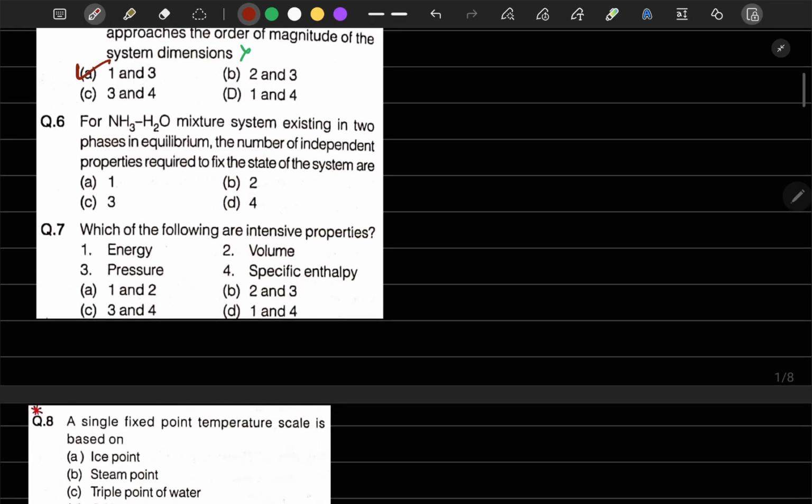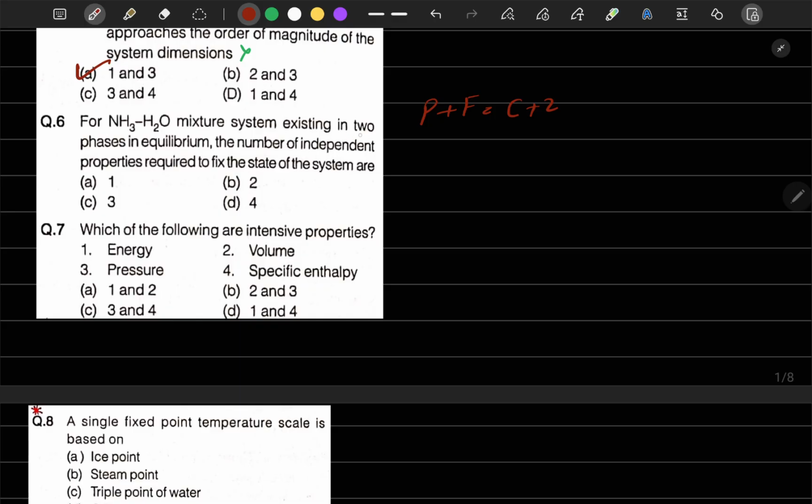Next, for an ammonia-water mixture system existing in two phases in equilibrium, what is the number of independent properties required to fix the state of the system? Here we will require Gibbs phase rule. What is it? P plus F is equal to C plus 2. In the question, how many phases are there?